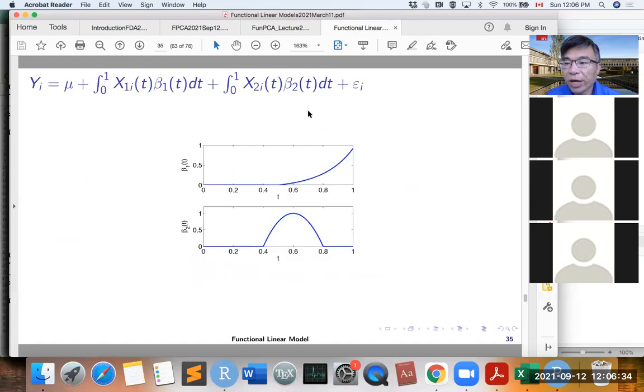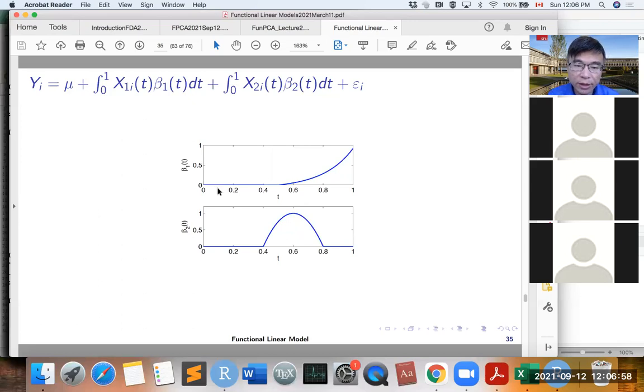This is one simulation study. We run this functional linear regression model on two functional covariates, x_1i and x_2i, and we estimate beta_1(t) and beta_2(t) by our SLoS estimator.